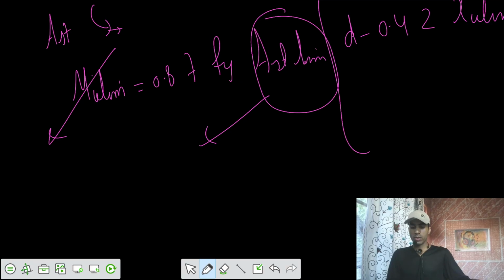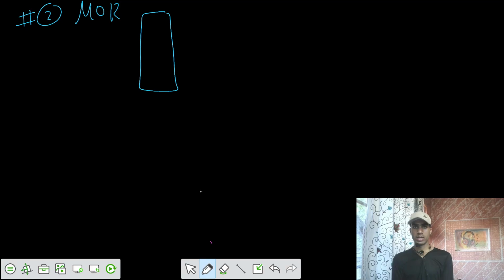Let's take the second problem. We are going to take tons of problems on singly reinforced beams, different variations of those problems. The second problem is that you need to get the moment of resistance of the section with width 300 and overall depth 500, and we have 5 bars of 25 millimeter diameter.